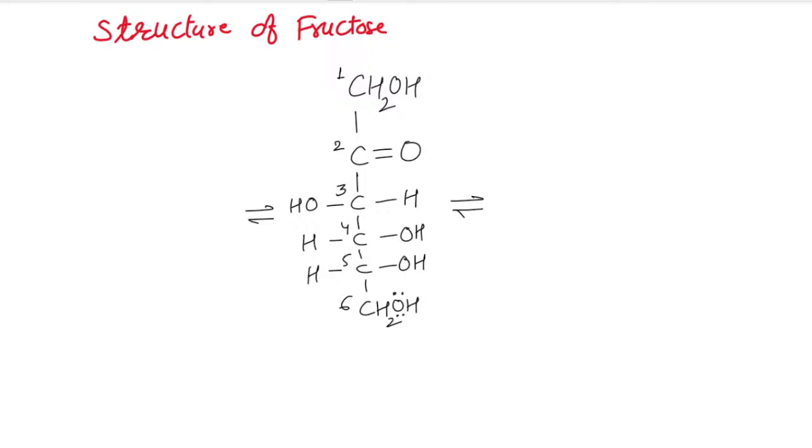So in this case, again the lone pair of the OH group at the fifth position attacks here. Again same situation. So see, 1, 2, 3, 4 and 5, a 5-membered ring is formed.